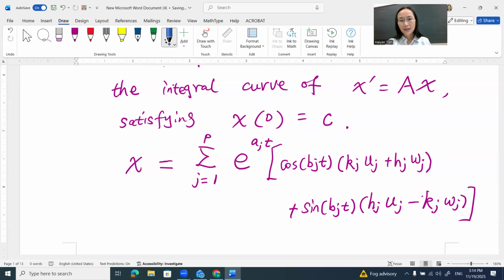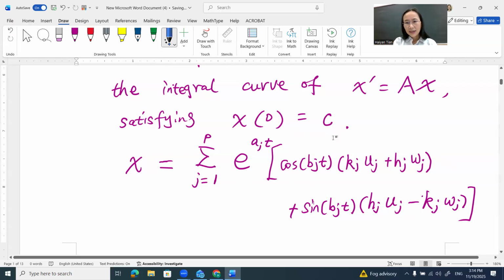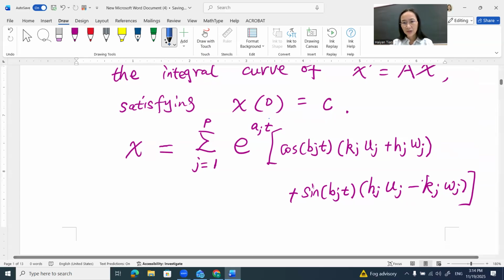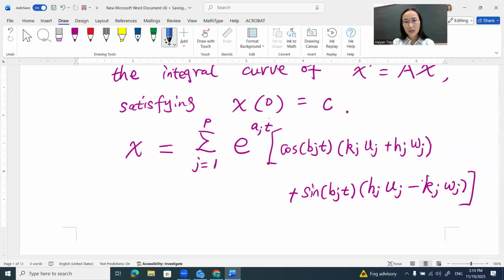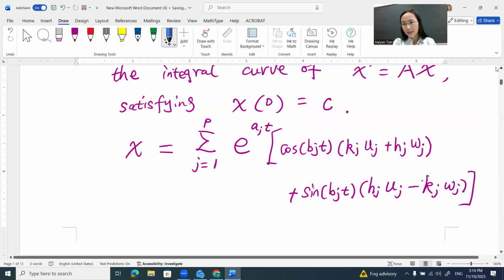Then when j goes from 1 to p, you sum them up, and that's your solution. But then we want to add some additional condition, because that is a representation formula for a solution of that linear system.